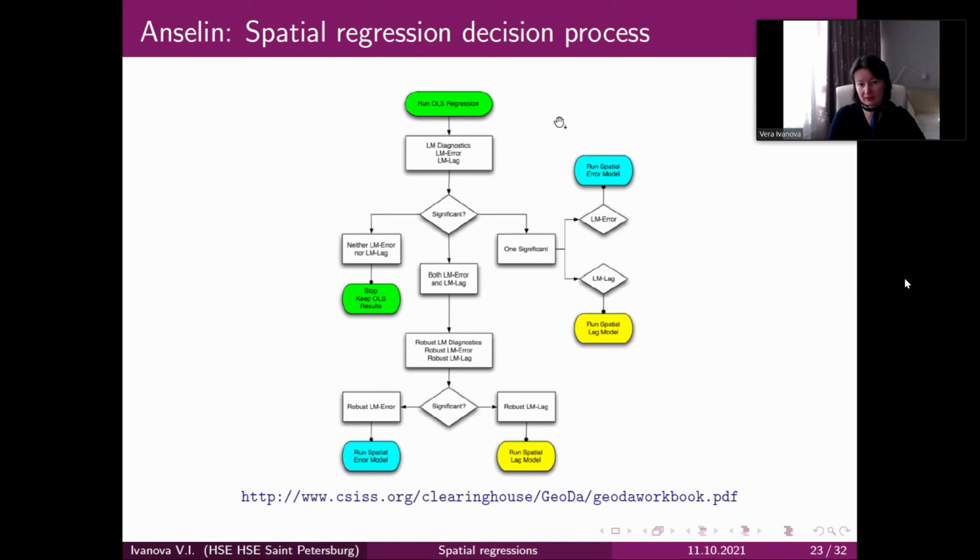That is a standard multiple regression. We can estimate this using OLS method. Then we consider residuals of OLS.